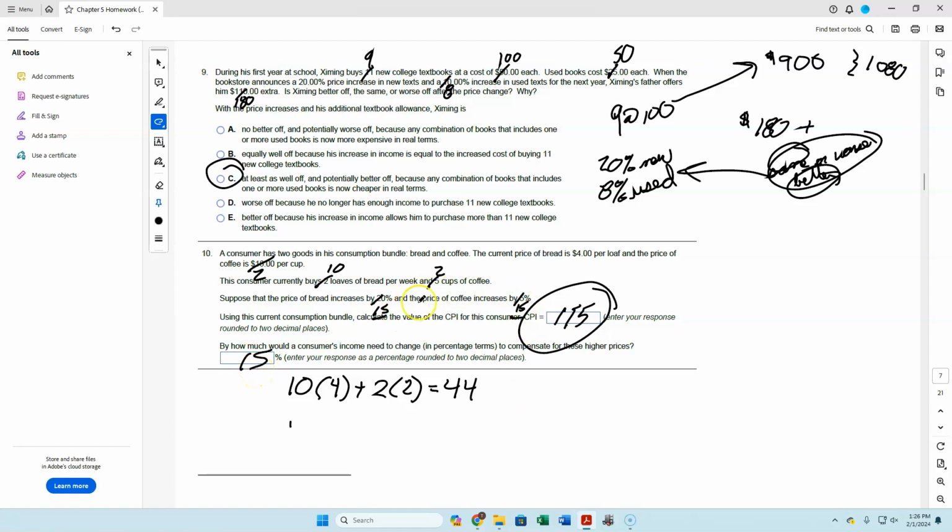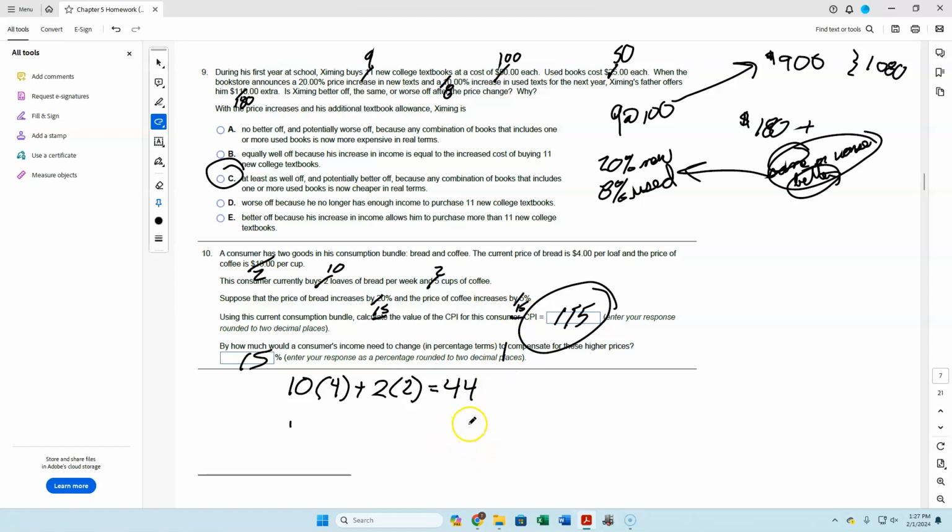Now, if these had not been the same percentages, then I would have needed to multiply 4 by 1.15 to represent the 15% increase, and then multiply the $2 price by a 15% increase, so 1.15.